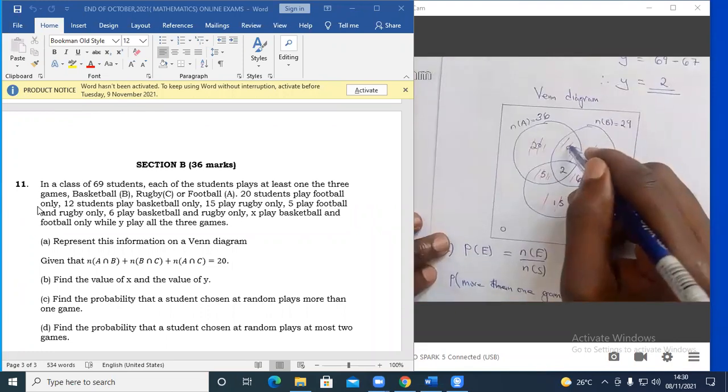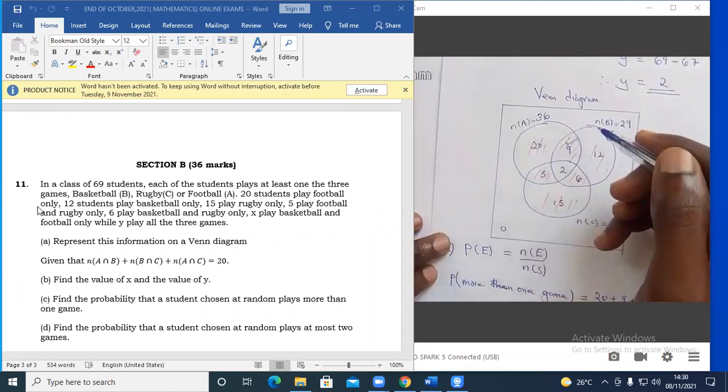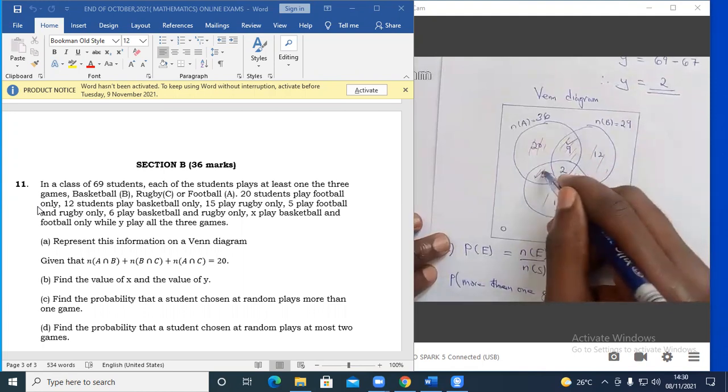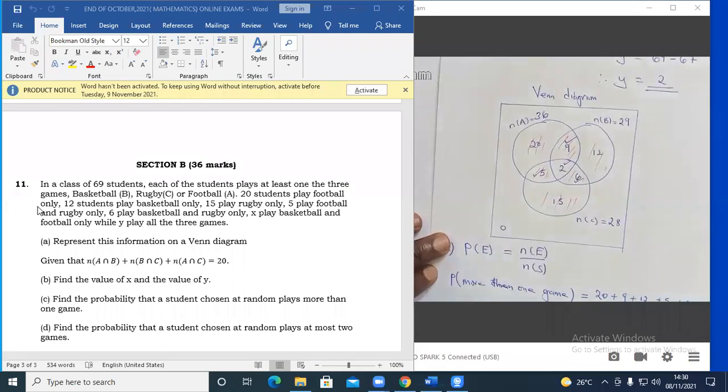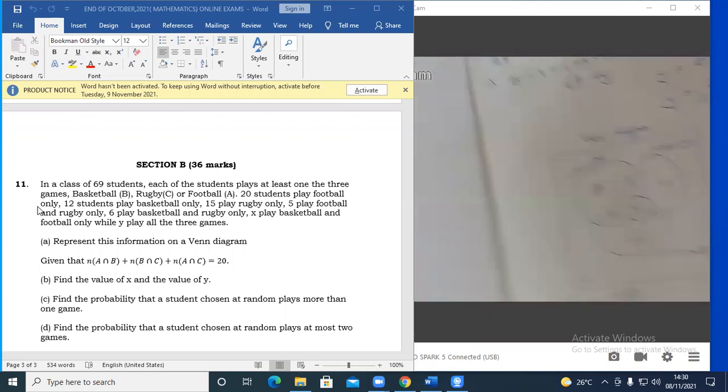We are going to add 9, 5, 6, and then 2. Have you seen that, members? 2 or more. In this case, we have only 3 games, which means a student can play only 2 games or only 3 games.